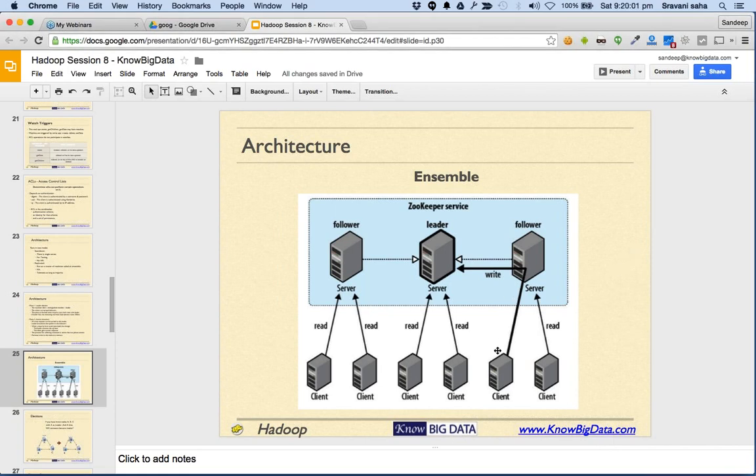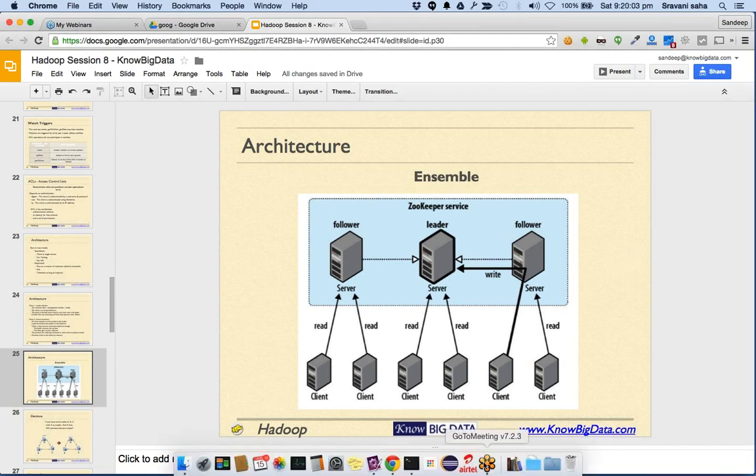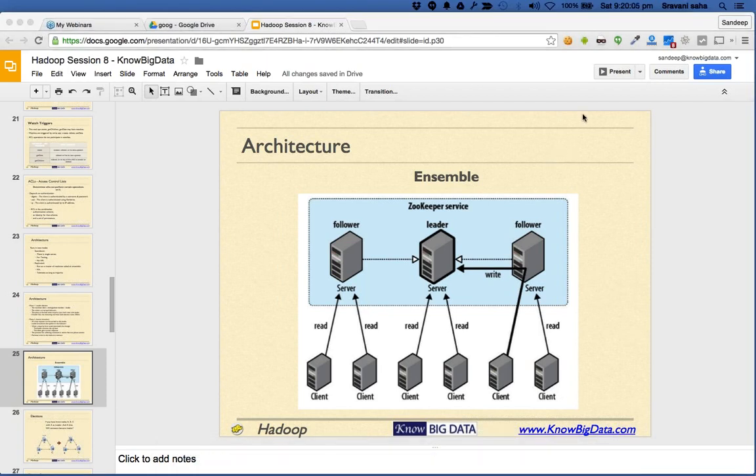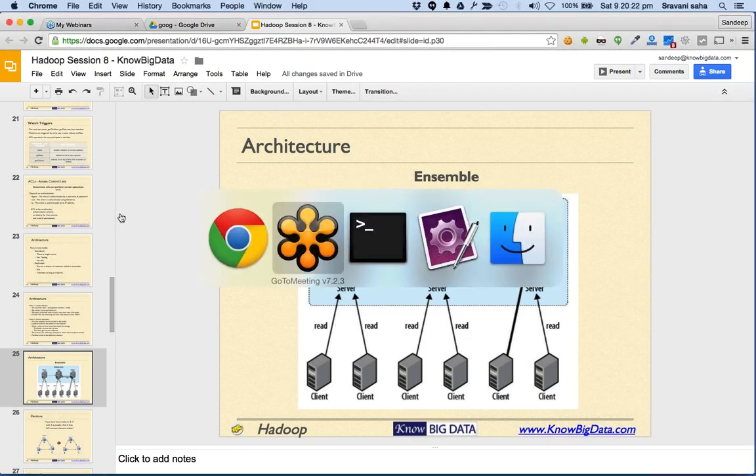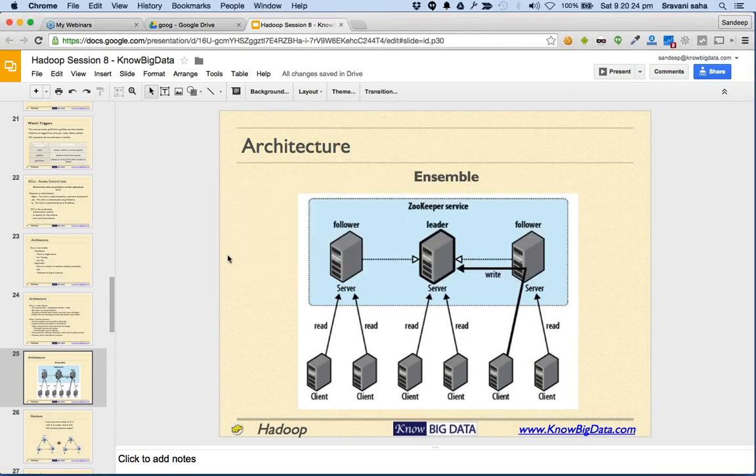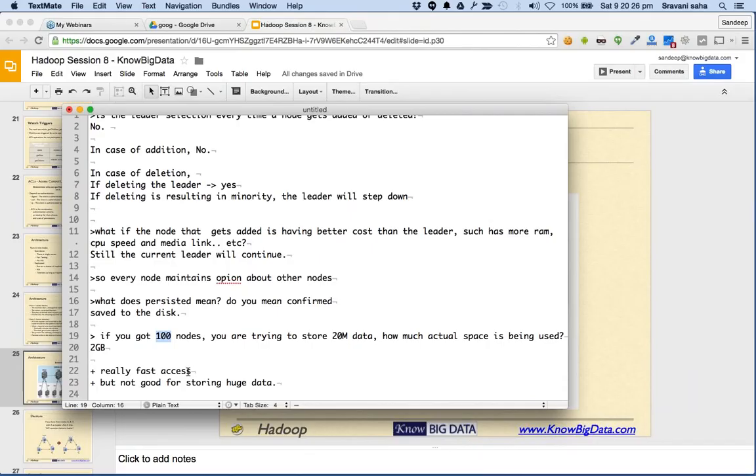So can you ask a question? Can somebody ask a question? I can't see the questions window. I need to see where did it go.